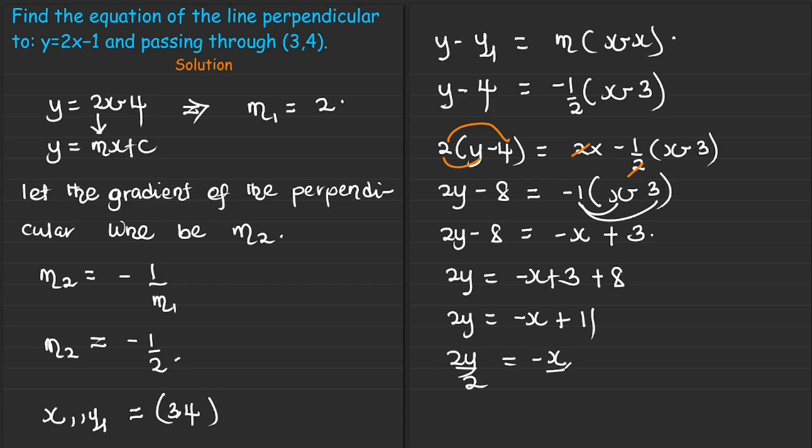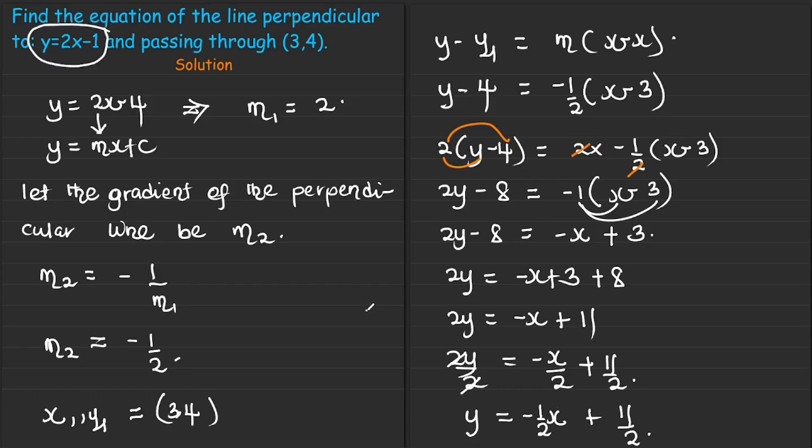So we have 11 over 2. And hence this 2 cancels out this 2. Simplifying further, we have y being equal to negative 1 over 2 x plus 11 over 2.